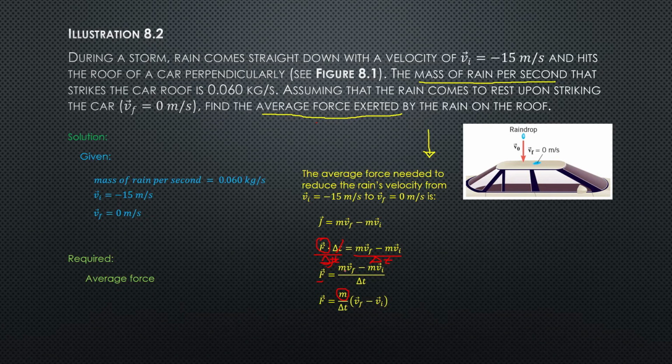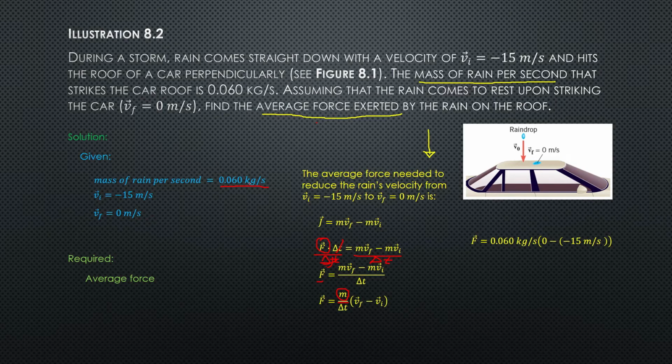Factoring m from the equation gives you mass multiplied by final velocity minus initial velocity, all over the change of time interval. The unit of mass per time interval is kilogram per second.